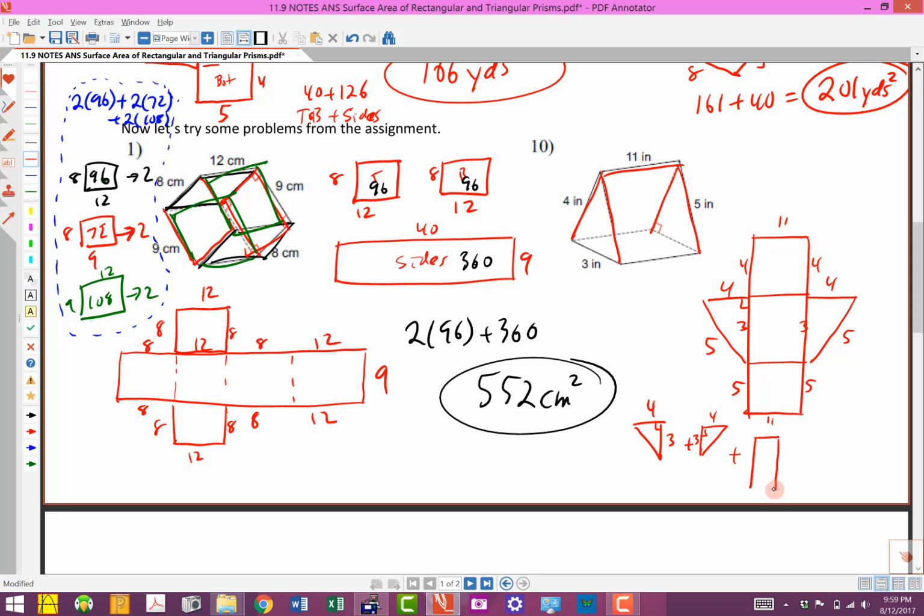So I've added a page so I can slide this up here. So that big long rectangle is 11 by, let's add these together, that would be 8 and 4, so that's going to be 12.